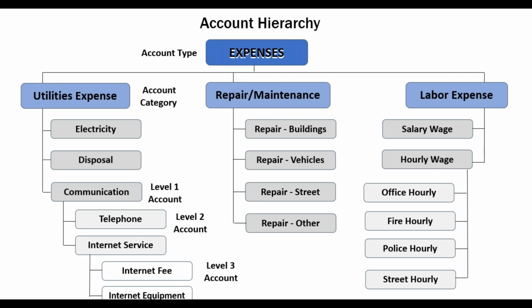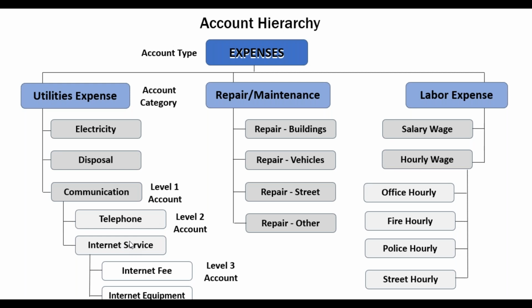When you're running your reports, if you're running it at a level 3, then you'll see separate amounts for internet fee and internet equipment. If you were wanting not quite that much detail and ran the report at level 2, then you would see internet fee and internet equipment summarized into internet service, and you would see telephone and internet service.